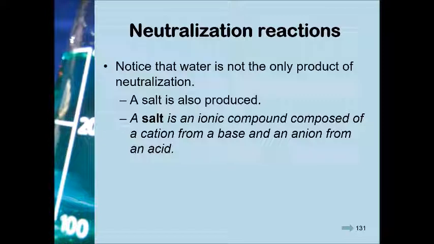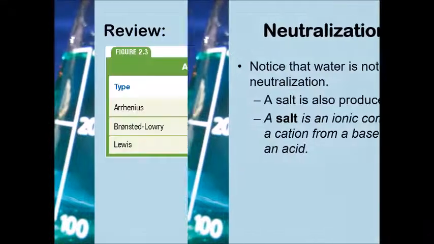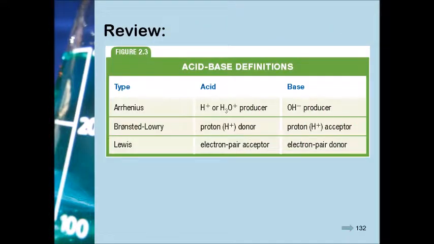Okay, and let's just finish up with a review of our acid-base definitions. Arrhenius acid, by definition, was any substance that could produce a hydrogen ion or a hydronium ion. And a base was anything that could produce a hydroxide ion.